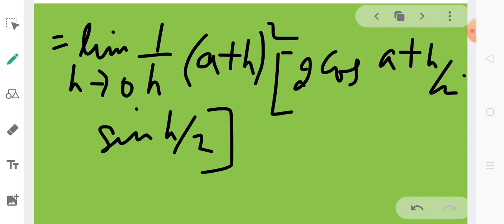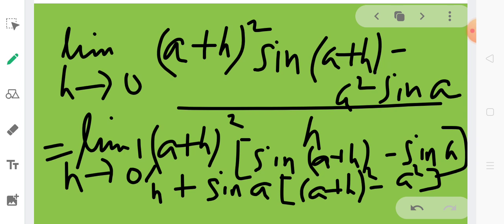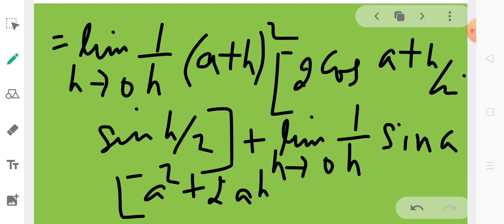This will be the first term plus the second term, limit h tending to 0, 1 by h sine of a. See, in the brackets we are having (a plus h) whole square minus a square. So I will simply write down the expansion, a plus h whole square: a square plus 2ah plus h square, minus a square.